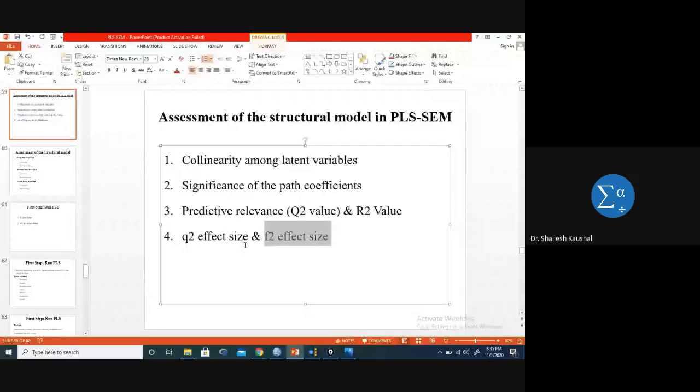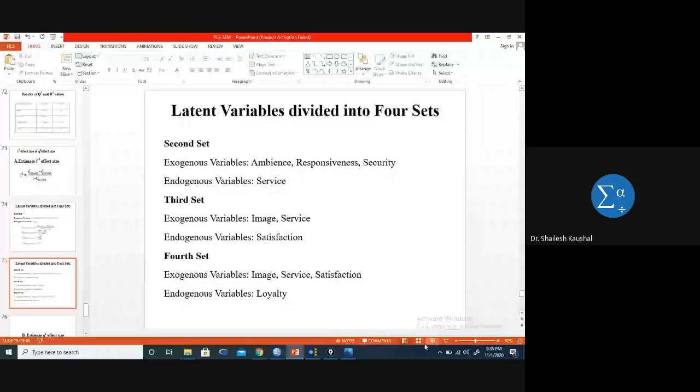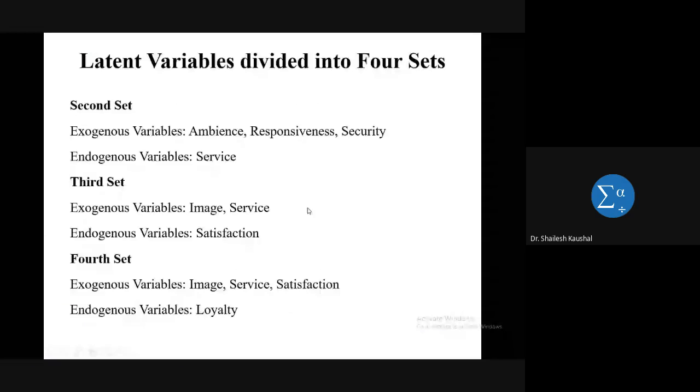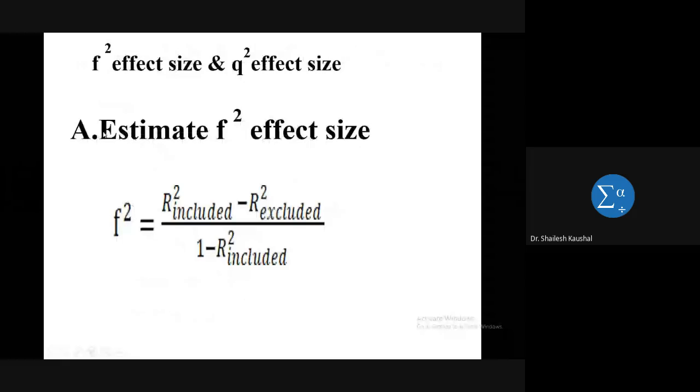So this is the criteria to find the effect size: the latent variables are divided into 4 sets. This is the formula to estimate the F square effect size: R square included minus R square excluded, upon 1 minus R square included. What does it mean?